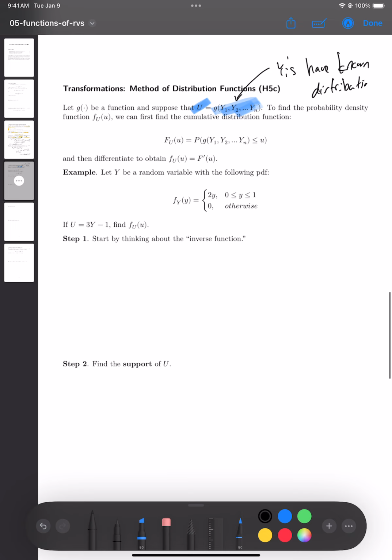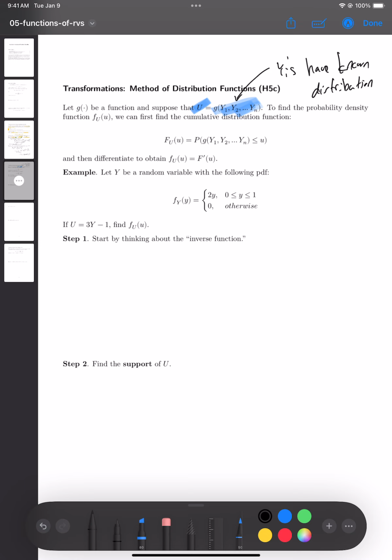So we know the distribution of each of the y's. We do not know the distribution of u. That's what we're interested in finding. And for our particular case, we're only really going to do this with either a univariate y, so just some function of one y, or a bivariate case.